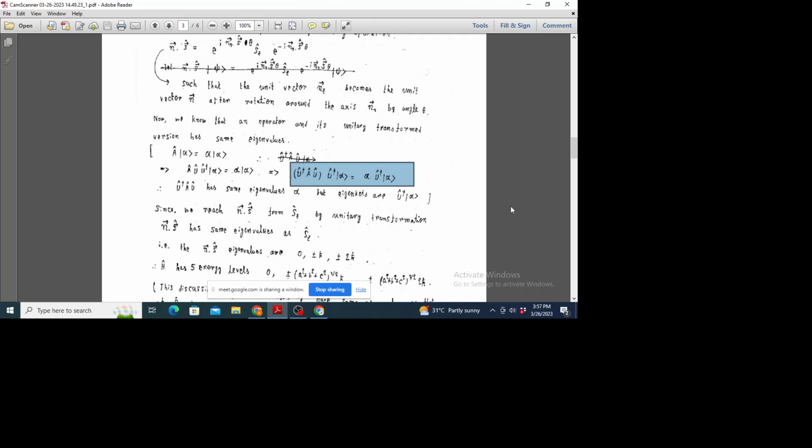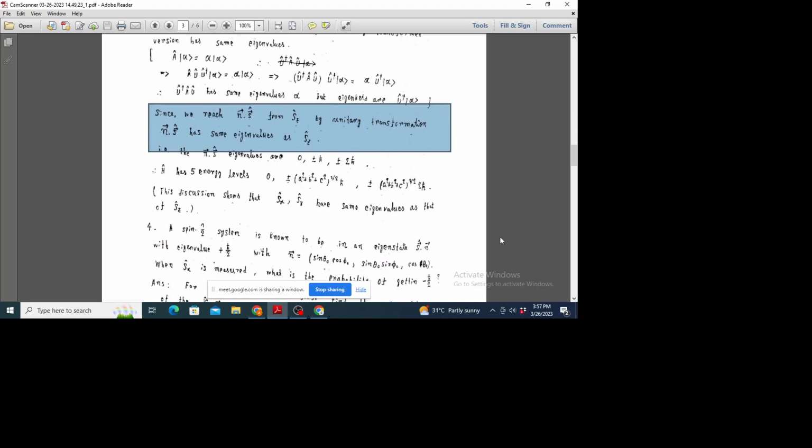So we just have to write down the eigenvalues of our Sz operator, and those same eigenvalues will also be the eigenvalues of this n vector dot S vector operator.